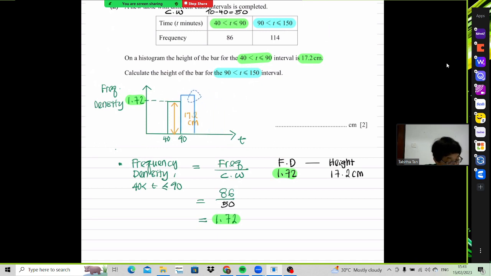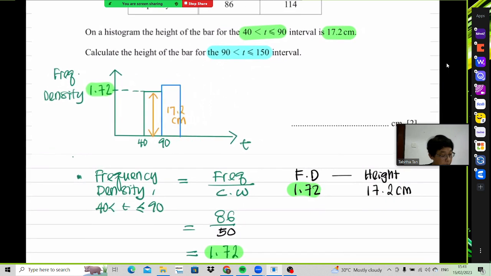We are not sure whether it is taller or shorter, but let's go on and find out. We will definitely find that out very soon. It is between 90 to 150, so now we are talking about this block. They are asking what is the centimeter for that one.